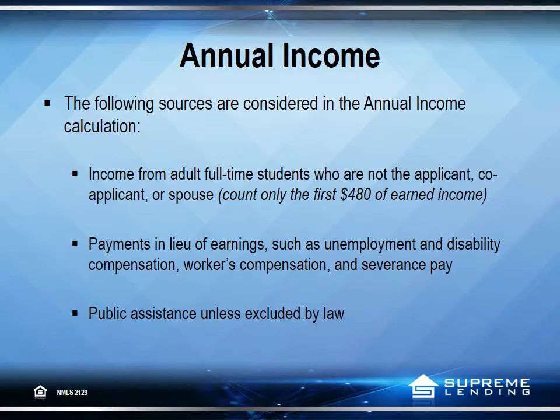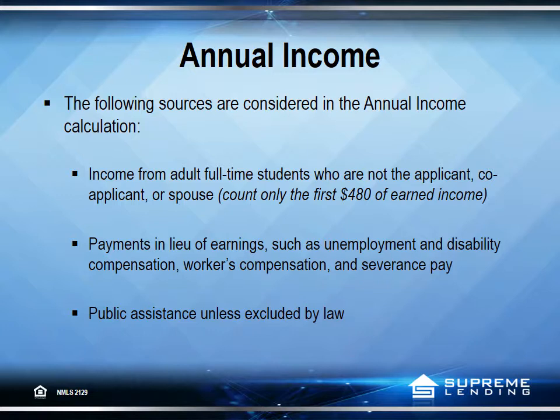There are other sources that can be considered in annual income, which include income from adult full-time students who are not the applicant, co-applicant, or spouse. Count only the first $480 of earned income.